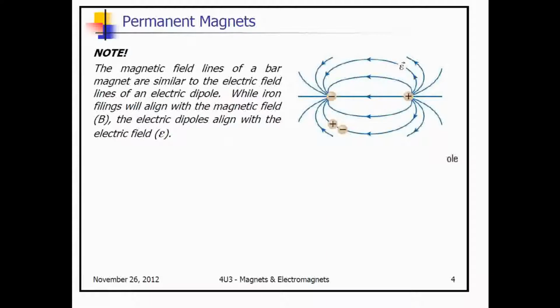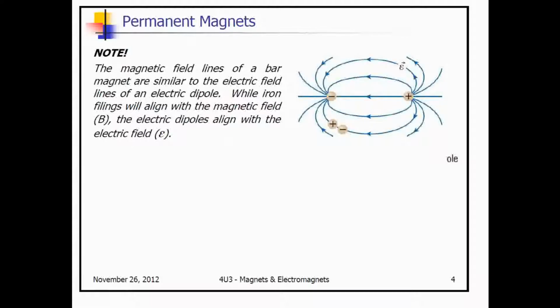So the loops that are formed are not really loops. They start at the positive charge and end at the negative charge. Then if you consider it goes from positive to negative, then back from negative to positive, they kind of form loops like that.